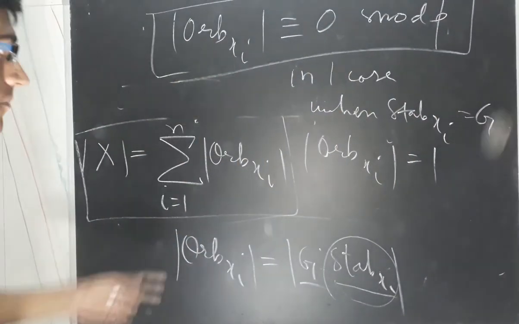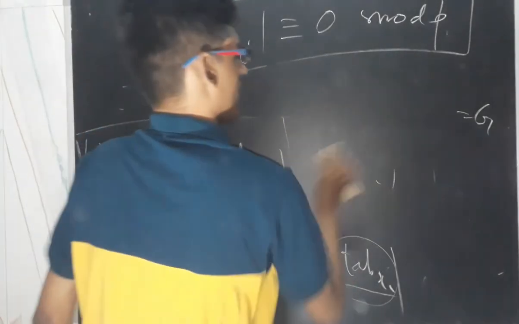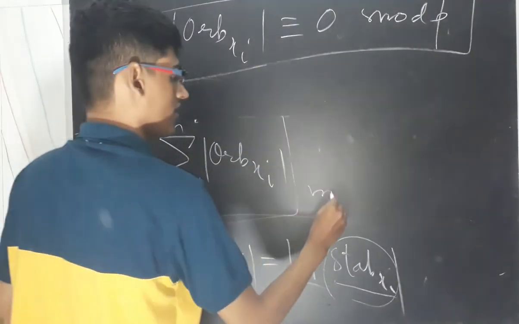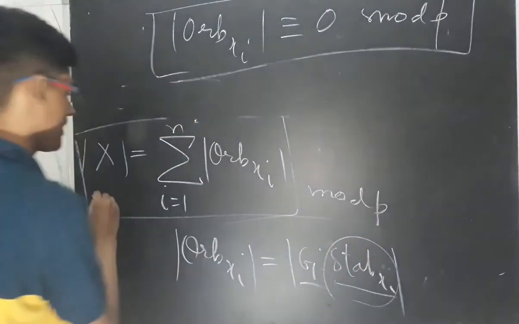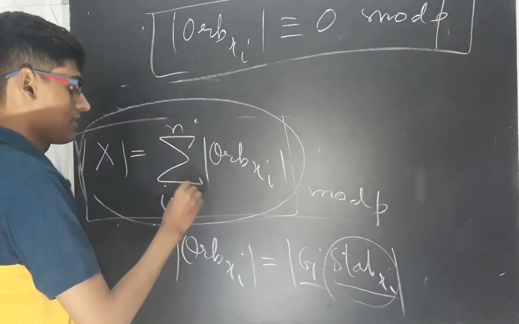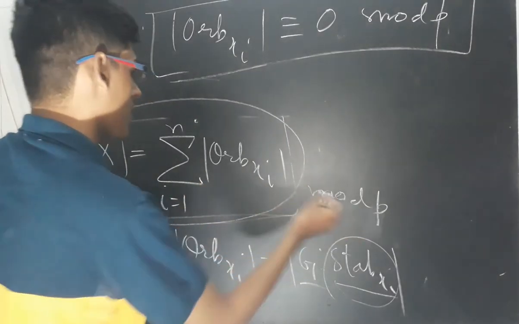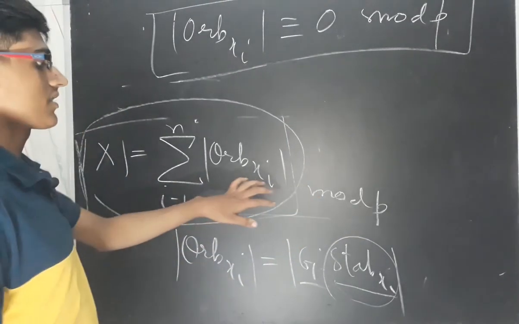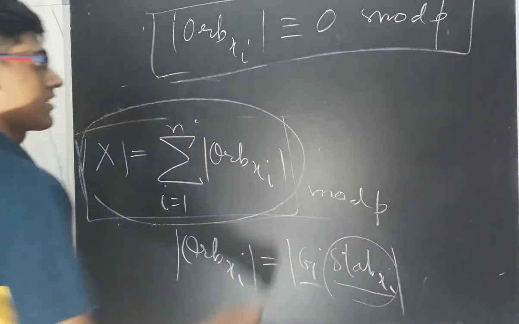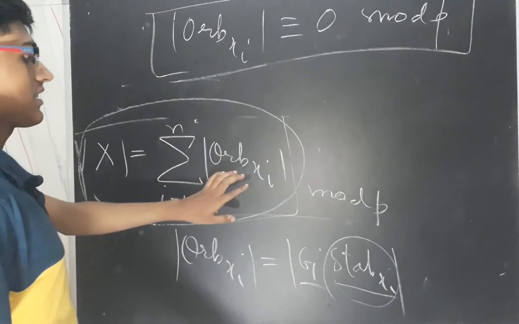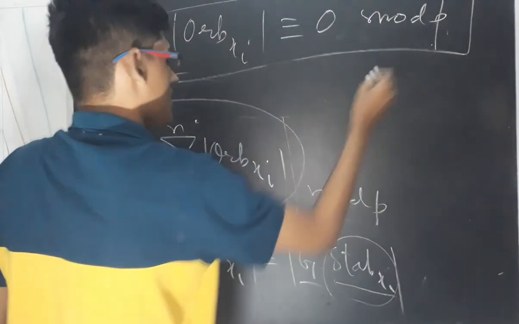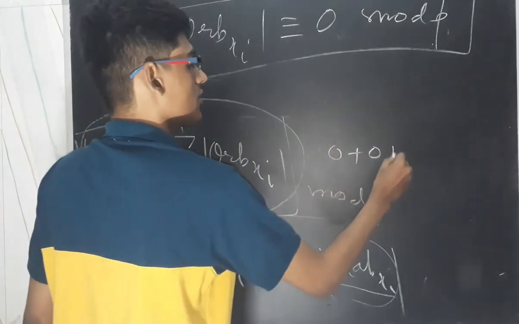So from here, if I reduce this whole equation mod p and open the summation, we get the order of the orbit of x1 plus the order of the orbit of x2, and so on. In the case when the order of the orbit is a multiple of p, it will leave 0 every time.